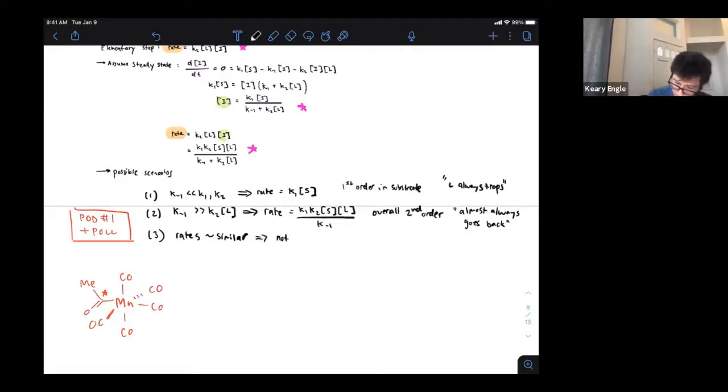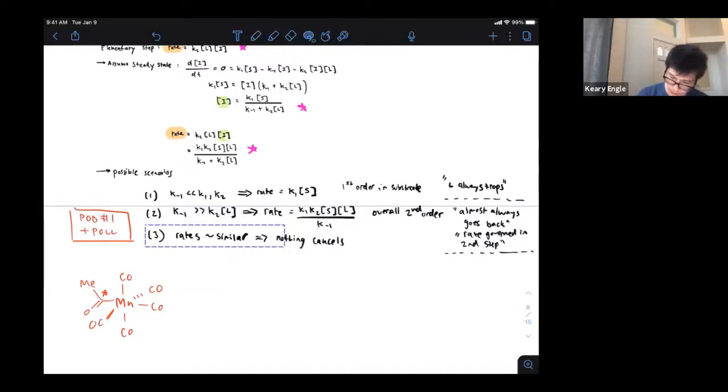This one is just intermediate order where nothing cancels. We can also call this second scenario, if it helps you think of it this way, rate governed in the second step.